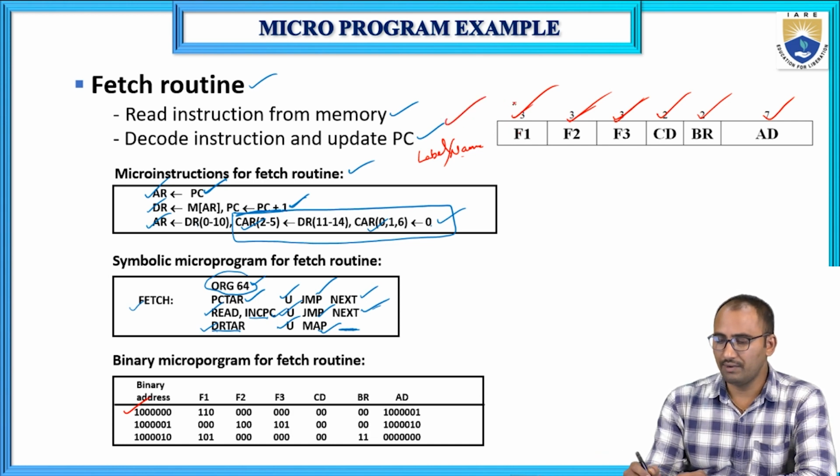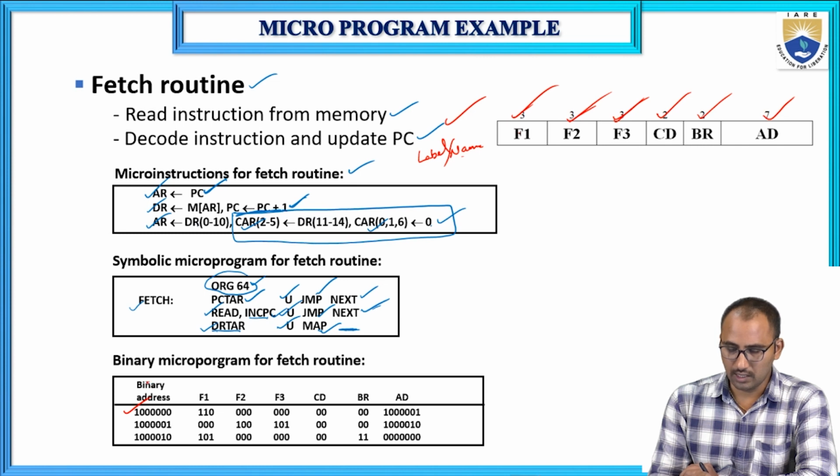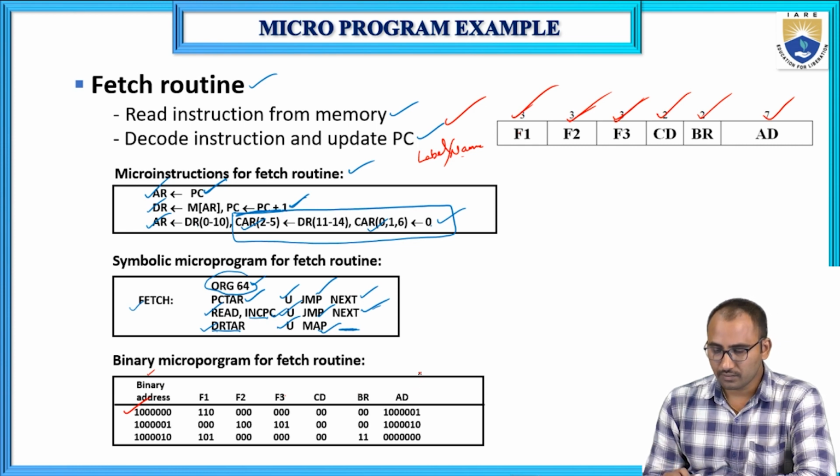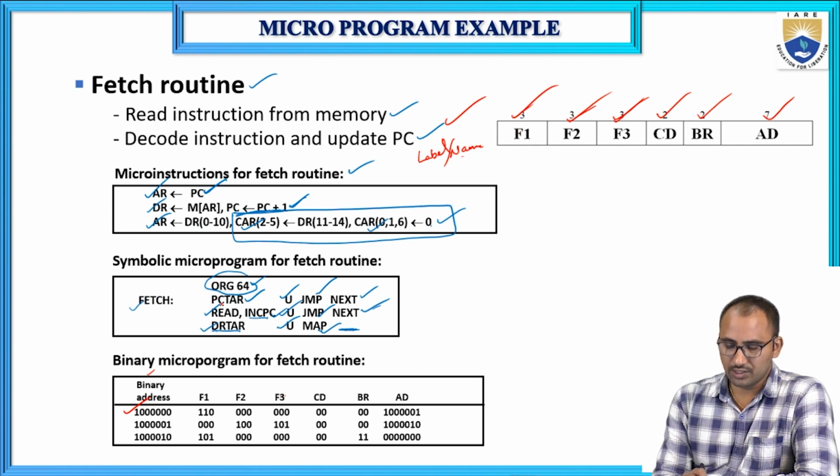So in total every microinstruction has 7 fields. This is an address. 1, 2, 3, 4, 5, 6, 7. Okay, so here, what is the first micro operation?